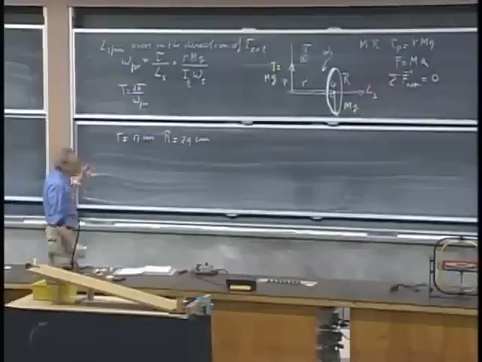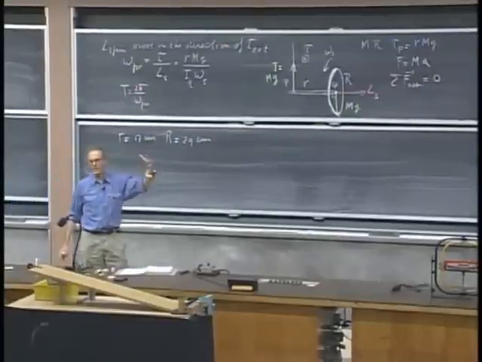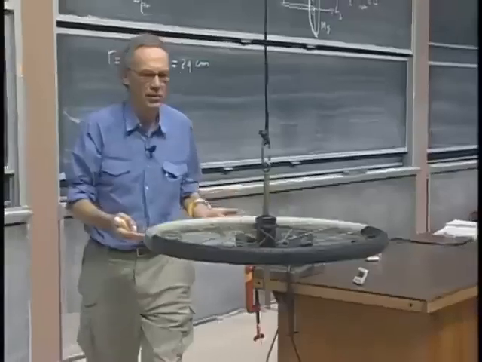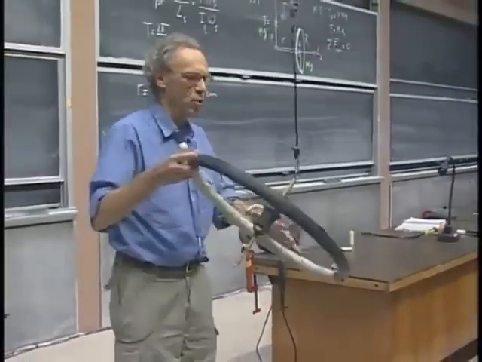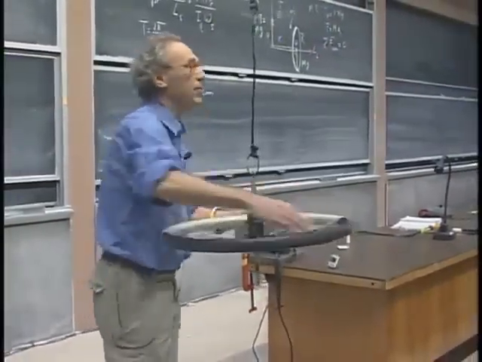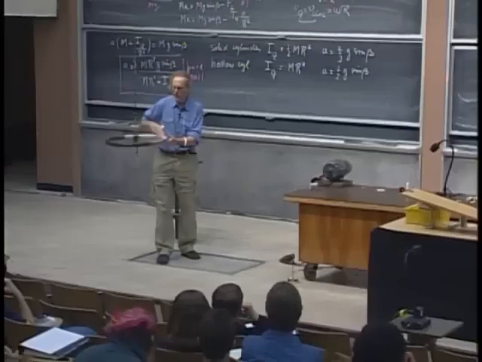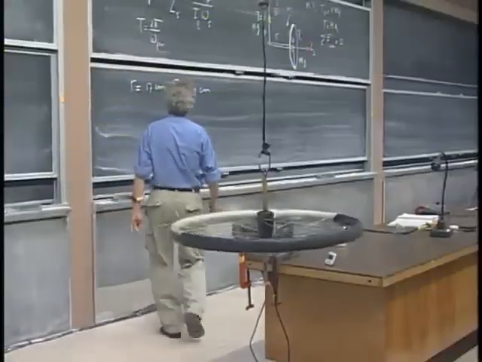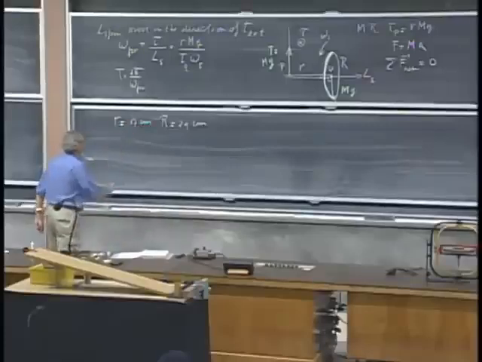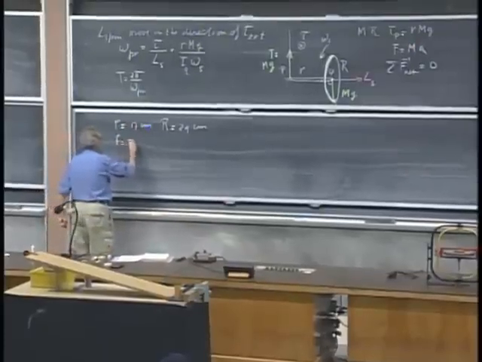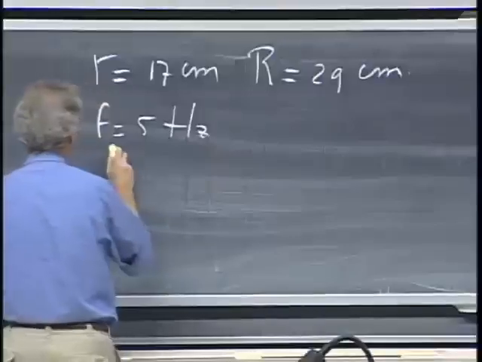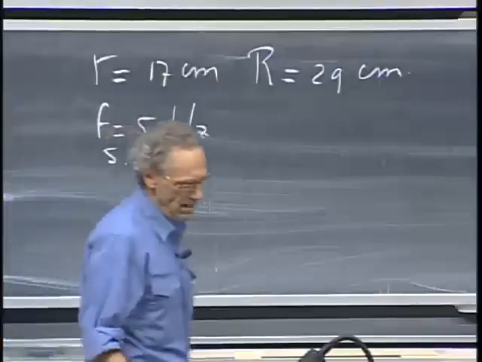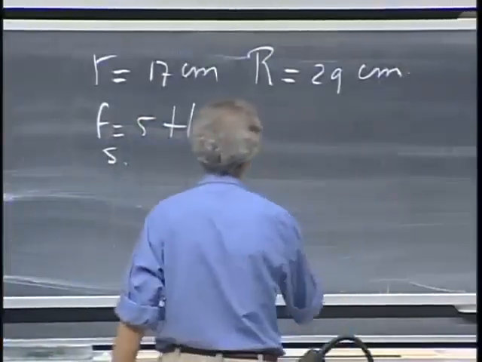And let me make the assumption that all the mass of the bicycle wheel is at the circumference, which is not very accurate, but it's close to that. I mean, there are some spokes here, but let's assume that everything is here, so then the moment of inertia is mr squared. Well, if now you take a frequency of 5 hertz, spin frequency, you can calculate now omega of the spin frequency.